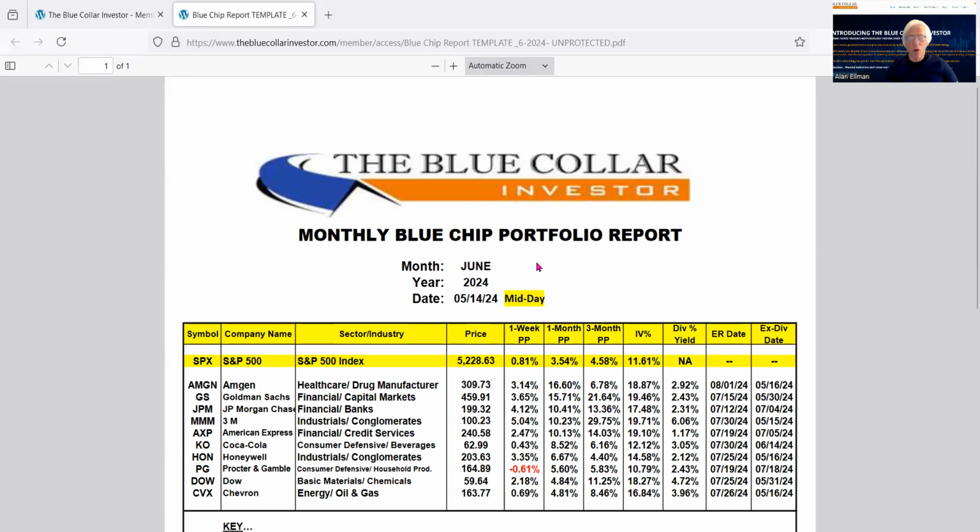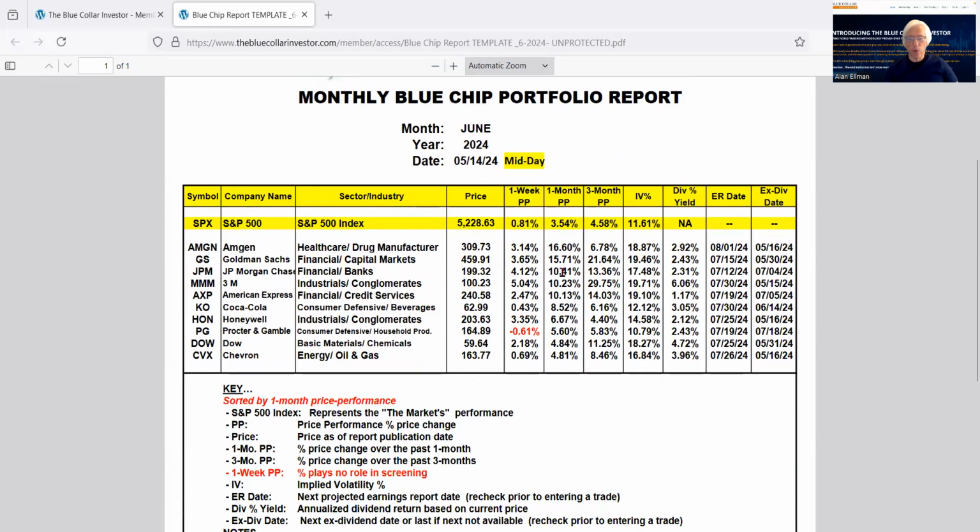And here we have only Dow 30 stocks, and we include in these reports as eligible the Dow 30 stocks that have outperformed the S&P in both 1 month and 3-month time frames. We also will give you the 1 week, but that's not factored into whether or not they're eligible in this report. We give you the price of the security at the time the report was created, which was 5/14 midday.